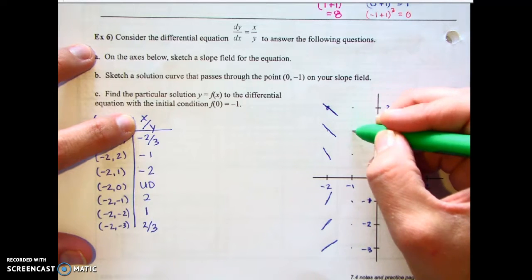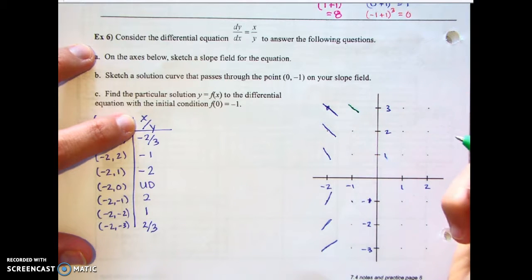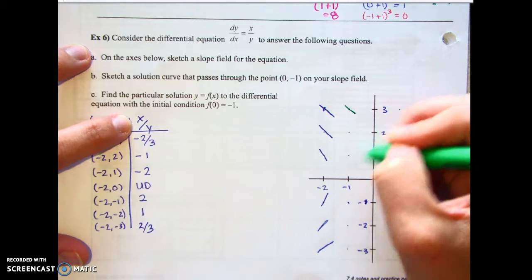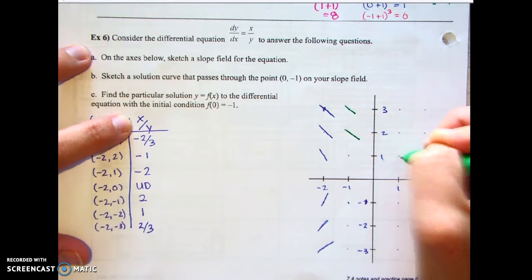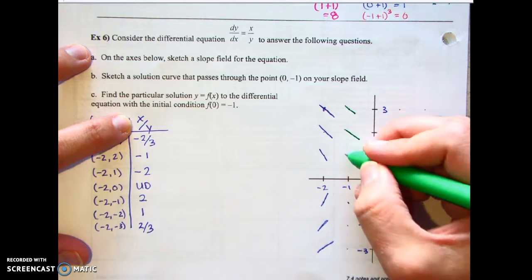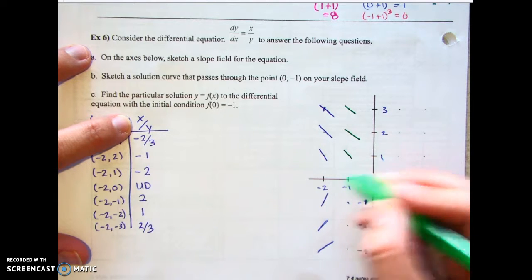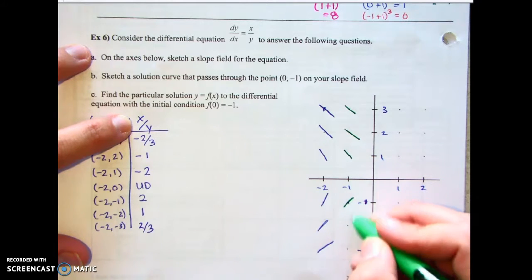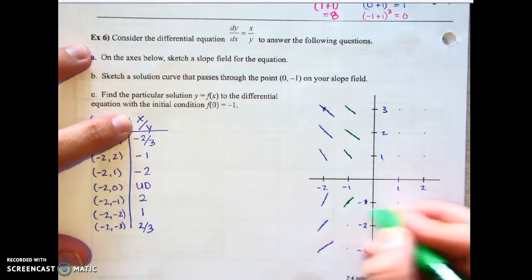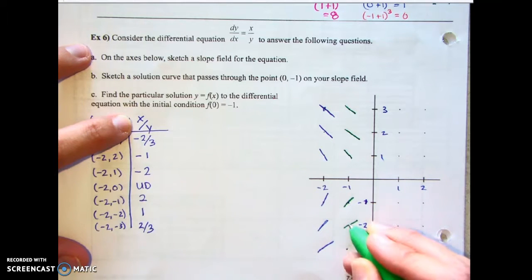So that's going to be -1 over 3, 1, 2, 3, a -1/3 slope. -1 divided by 2 is a -1 over 2 slope. -1 divided by 1, a -1 slope. -1 divided by 0 is undefined, don't draw it. -1 divided by -1 turns positive. -1 divided by -2 is a +1/2. -1 divided by -3 is a +1/3, up 1 over 1, 2, 3.